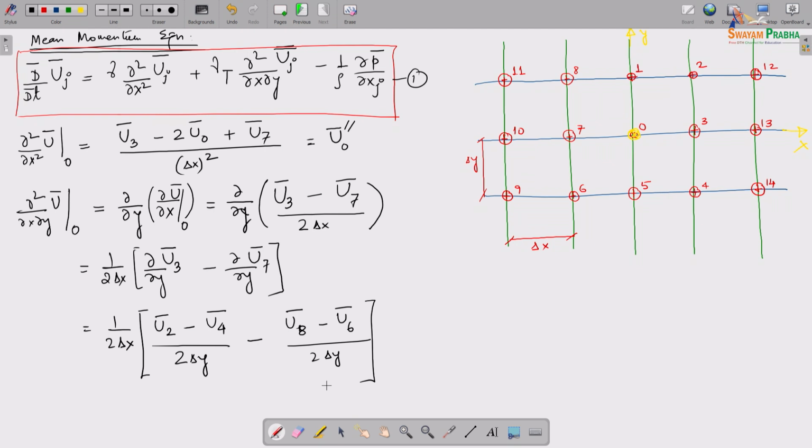Yeah. So if you do this, then this turns out to be 1 by 4 delta x delta y times u2 plus u6 minus u4 plus u8.